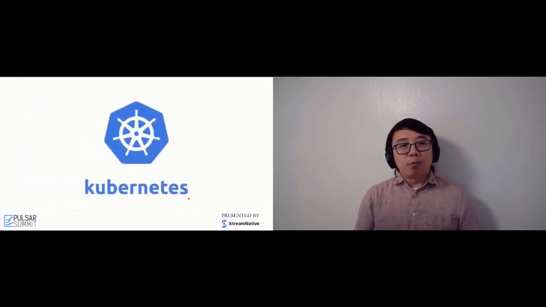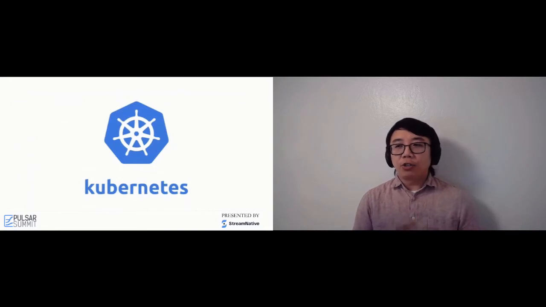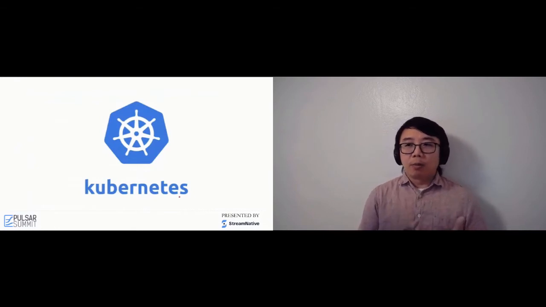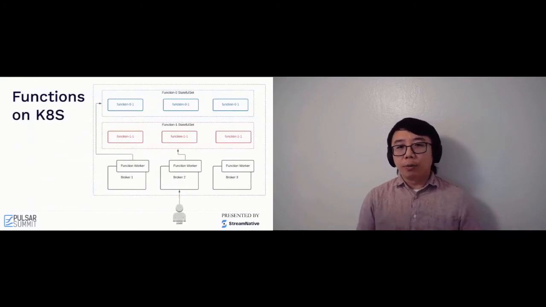As I mentioned before, Pulsar has a very deep integration with Kubernetes. You can run Pulsar on Kubernetes, and also let Pulsar schedule Pulsar Functions as pods in Kubernetes. This is a diagram showing how Pulsar schedules functions on Kubernetes. A user who wants to create a function first talks to the broker.